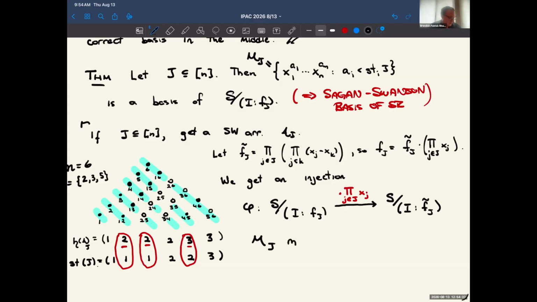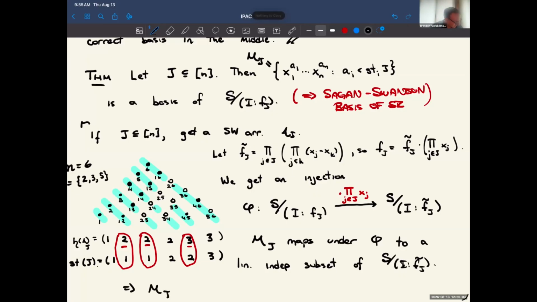So MJ maps under phi to a portion of a basis, and therefore a linearly independent subset of S modulo I colon Fj. And therefore, if you map to a linearly independent subset, you had to be linearly independent. So MJ itself is linearly independent.